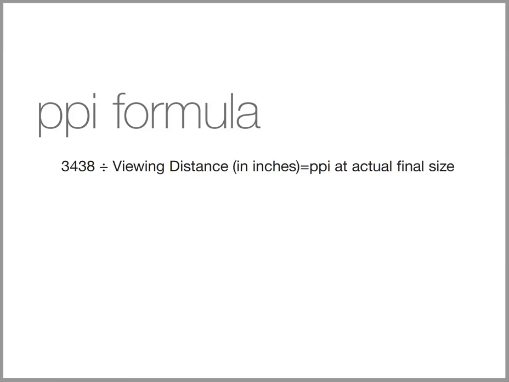If I have to look at it close up, then I'm going to need more information. But if I'm going to look at it really far away, my eye can't see those pixels, and the illusion is much more forgiving. So your pixels can be bigger. This formula is the one that you want to use for something like that.